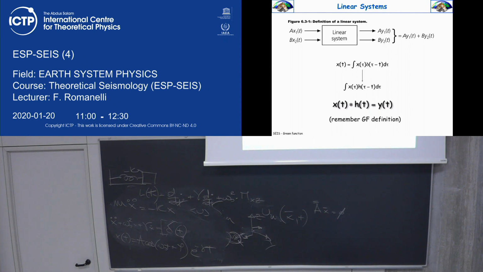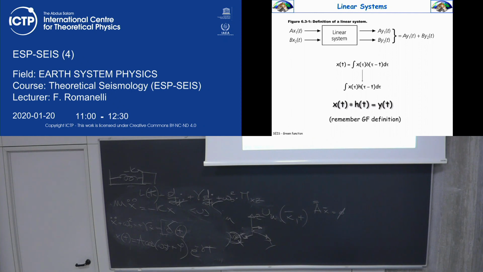For example, linear systems. By definition, a linear system is something that if the input is made by x1 and x2 with some constants multiplied, and if the solution to x1 is y1 and to x2 is y2, then the solution to both combined will be a linear combination. That's the definition of a linear system. So it's conserving multiplication by scalars, and it's conserving addition properties.